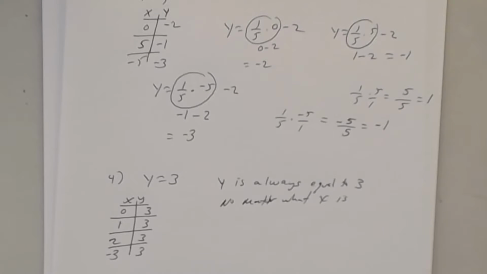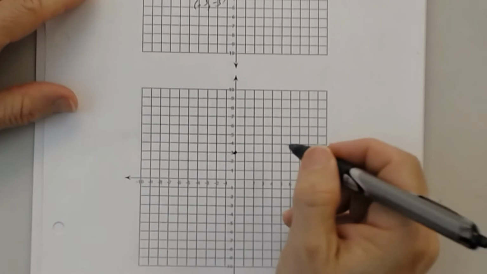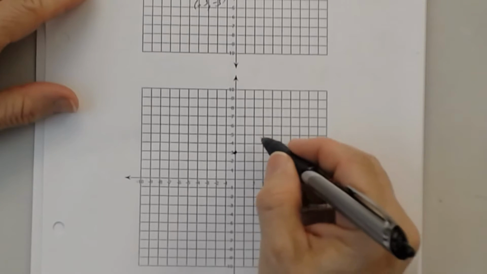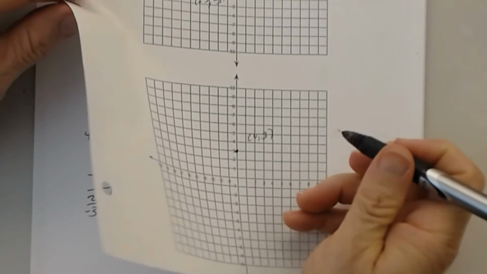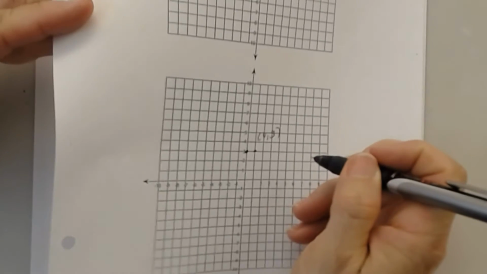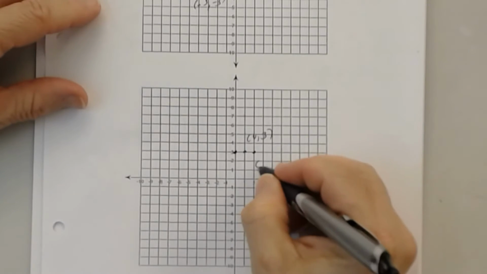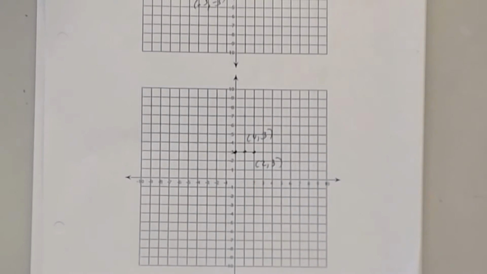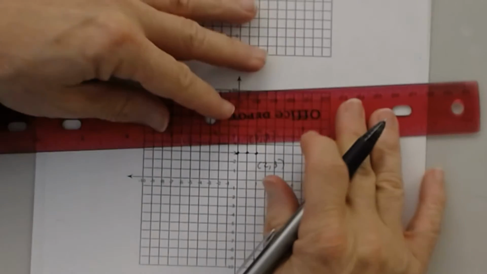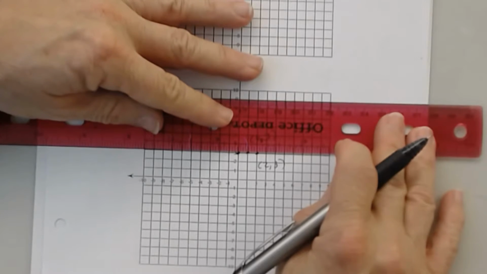So if I plot those points, notice what we get. I get (0, 3). That's on the positive y-axis. I have (1, 3). I have (2, 3), and so on, right? So if I draw my line, notice y equals 3 is what kind of line?